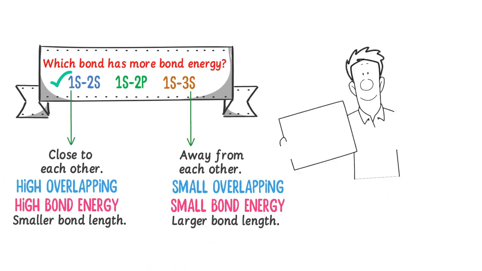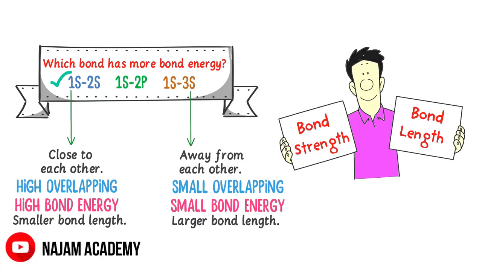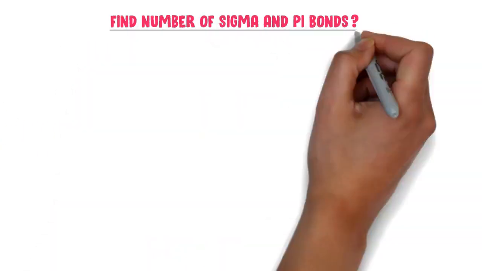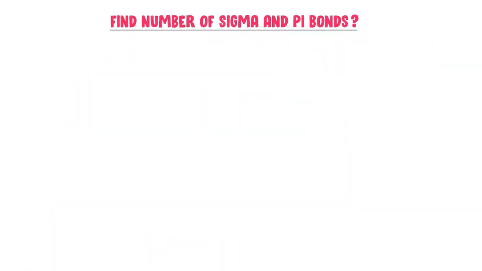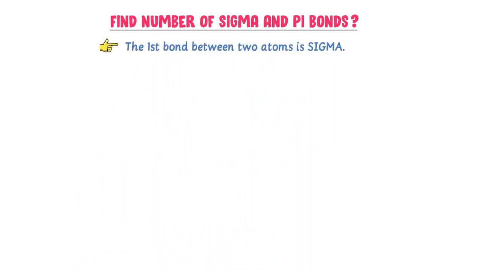Therefore, we study sigma and pi bonds because they teach us about bond strength, bond energy and bond length of any molecule. Finally, let me teach you how you find the number of sigma and pi bonds in a molecule. Remember that the first bond between any two atoms will be sigma.